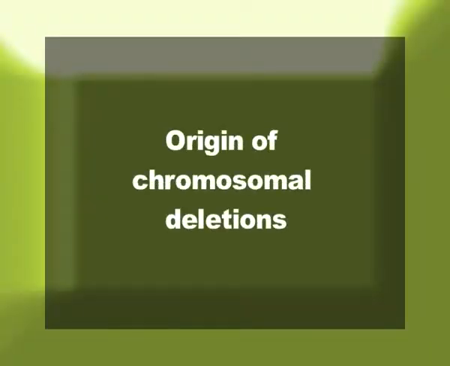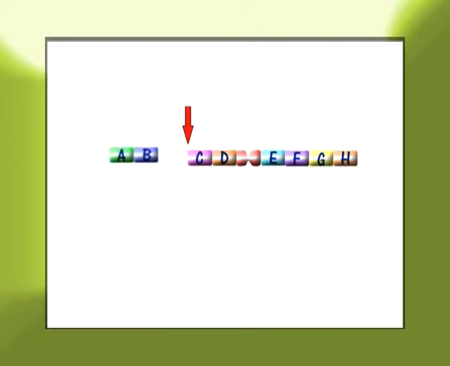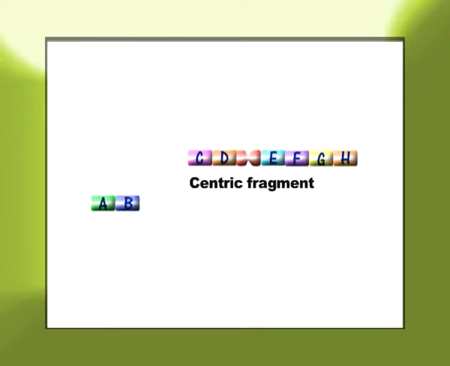Now, let us take the origin of chromosomal deletions. As far as the terminal deletions are concerned, these are the simplest rearrangements involving only one breakpoint in one chromosome. The initial event produces two pieces of chromosome material, one with the centromere and one without.